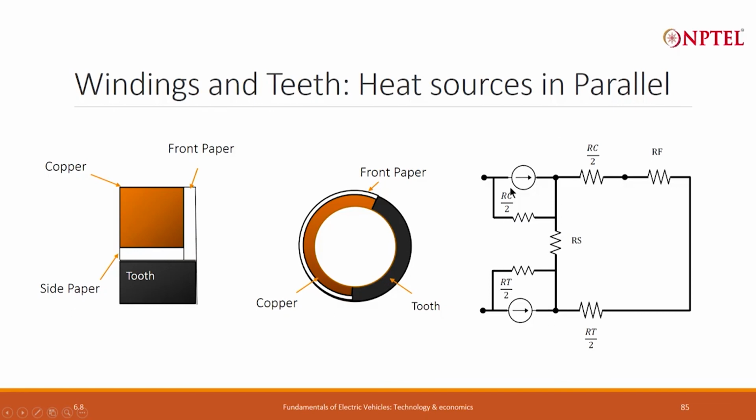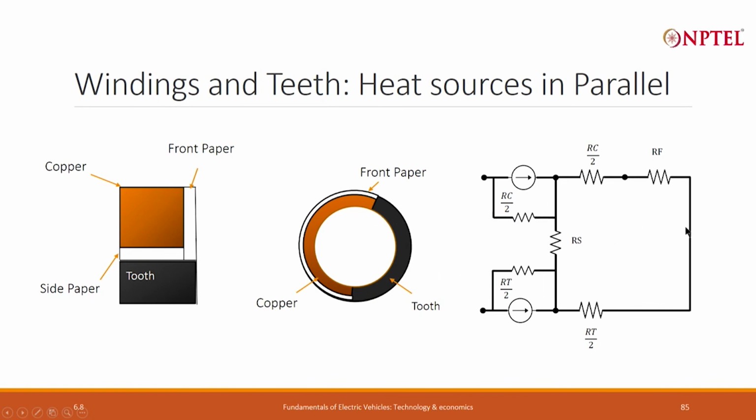But that is about the heat. The resistance of the copper I can calculate based on the geometry. Now that I know that this is the geometry, I will calculate the resistance of a whole pipe made of copper and then divide it by this fraction of the arc. Likewise, I can treat the teeth as a steel pipe, calculate the total resistance of the pipe and then divide it by this angle.